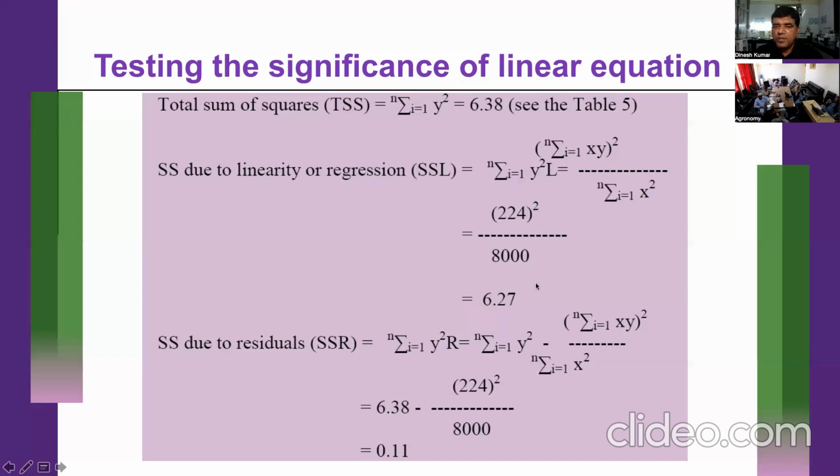You put these values, you get the sum of square due to regression, 6.27. And this is by the difference method: total sum of square minus residual sum of square. Total sum of square, I have already told you, is summation small y square. So you get 6.38 minus the sum of square due to error or residuals. It comes out to be 0.11.